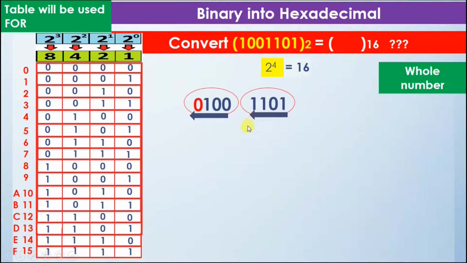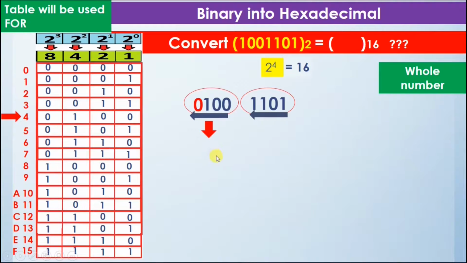So we will calculate their equivalent hexadecimal values by looking at the table. First of all, we will find the binary value 0100 in the table. Where is the binary value 0100 in the table? Here it is, and it is equal to which digit in hexadecimal? That is 4.